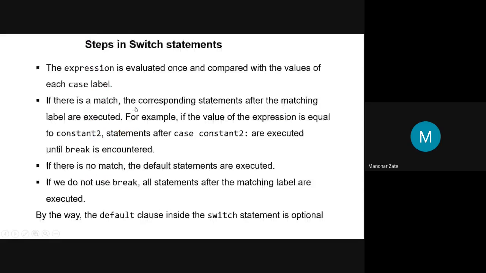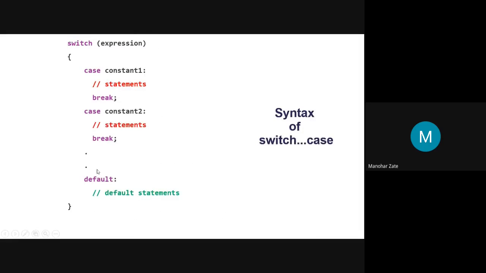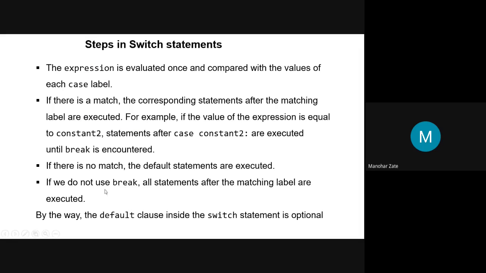For example, if you select constant 2, it will match constant 2 and execute that statement. If there is no match, the default statements are executed. If you do not use a break, all statements after the matching label are executed.